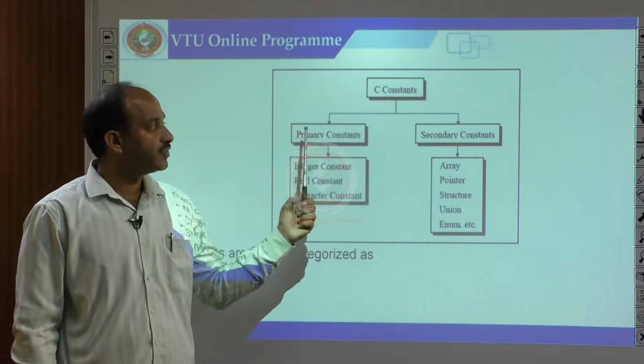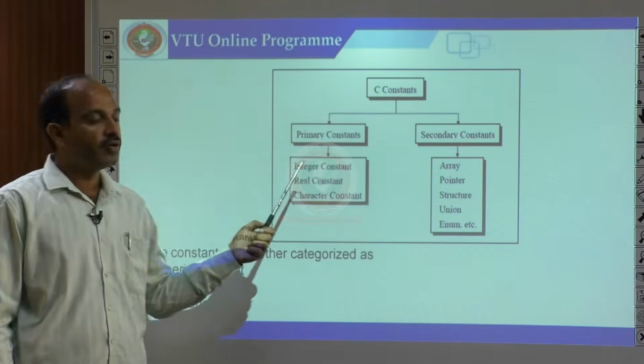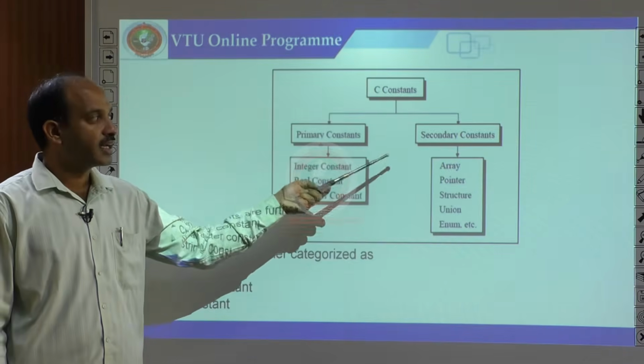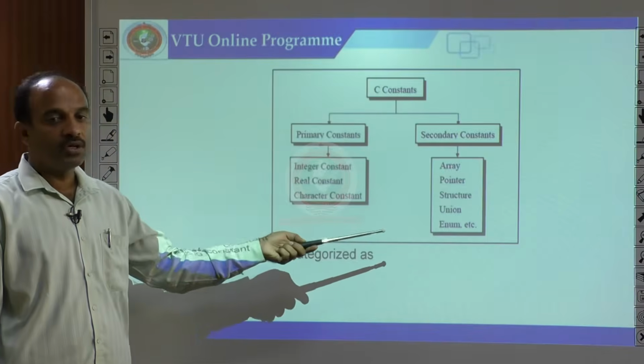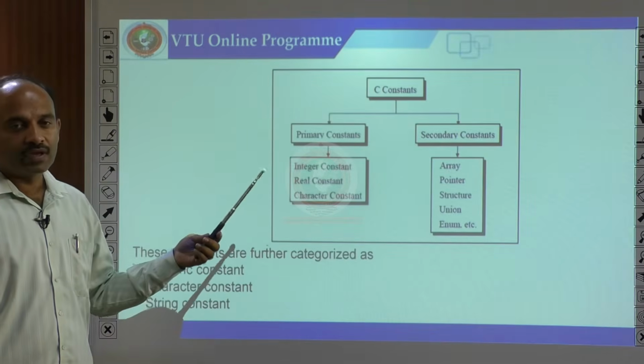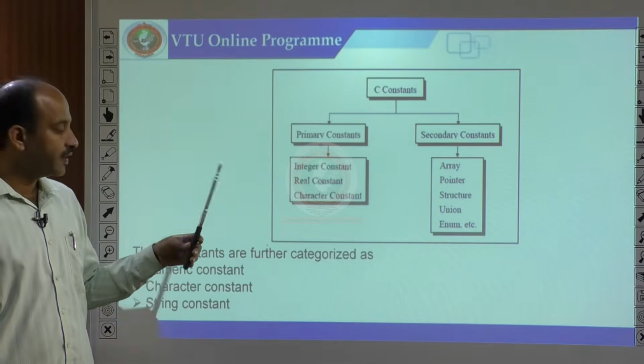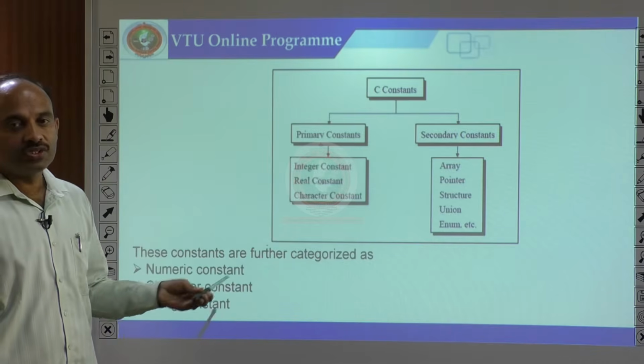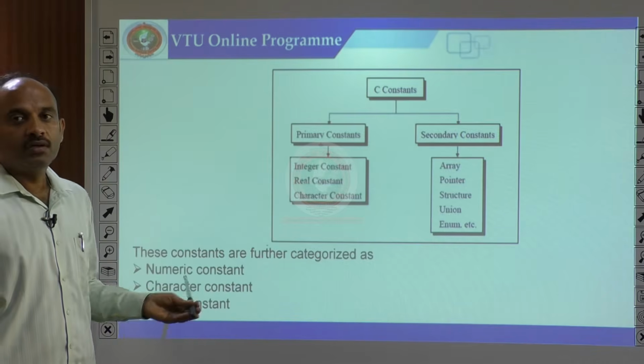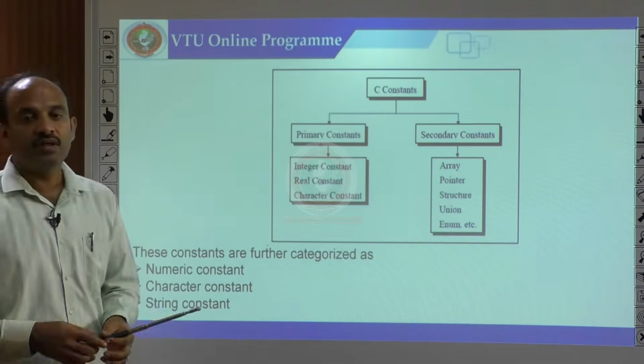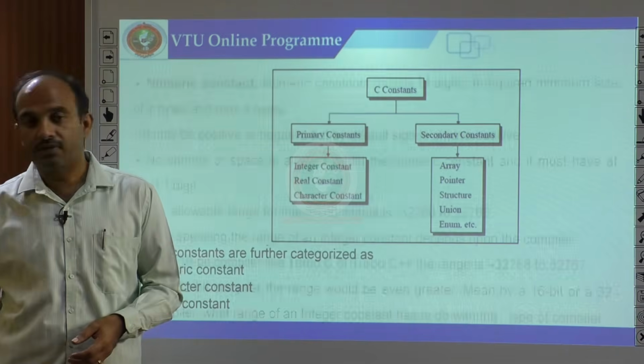Overall, the first high level classification is primary and secondary. Under primary you have integer, real, character, and under secondary array, pointer, structure, union, enum, and so on. There are many other constants. After that it will be further categorized into numeric, character, and string constants. We will try to understand one by one.